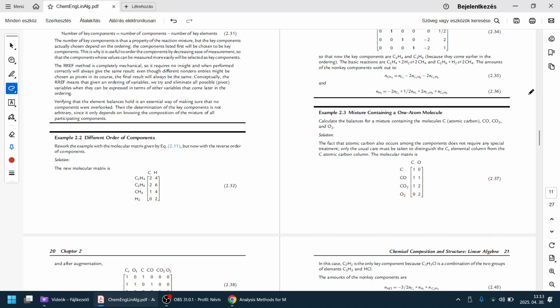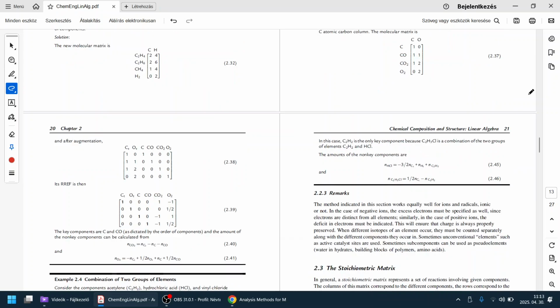Here I see CO2. On the other side, I should see 1 C and 2 oxygen somehow. But I see 0 oxygen, 0 carbon and minus. I don't understand what this is.